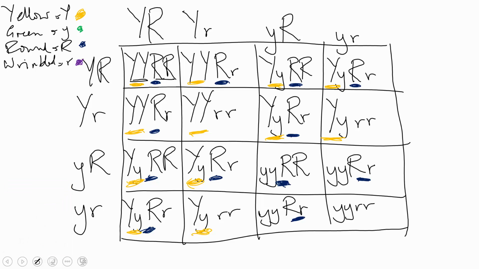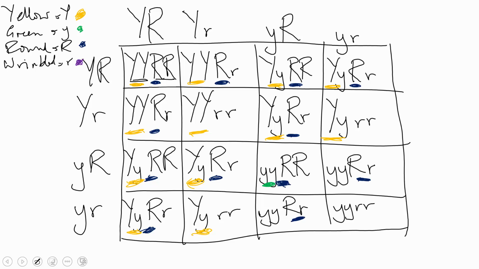Now we're going to look at all the greens. Sorry, I'm messing up here. Let me erase this and go to green, which is my pen over here. We're looking for a little yellow. Anytime I see a little yellow, I'm going to draw a green circle.